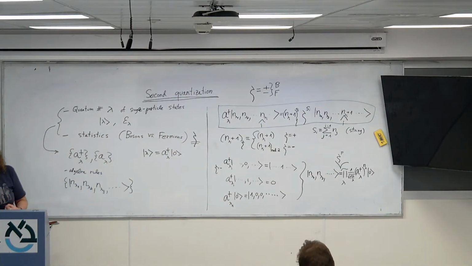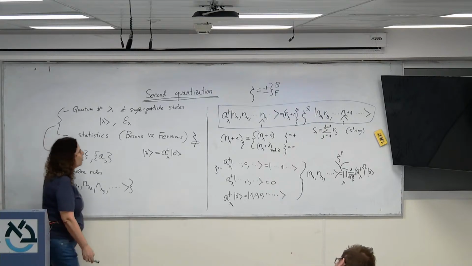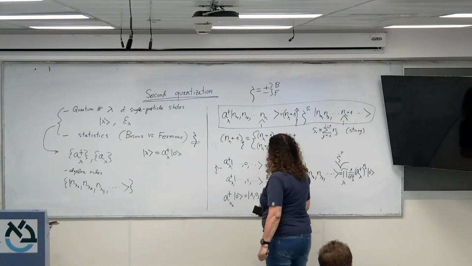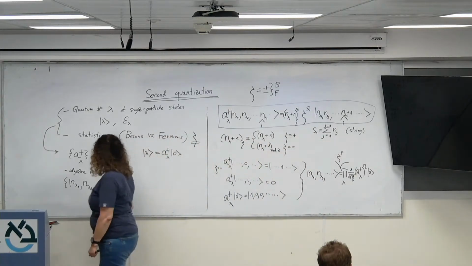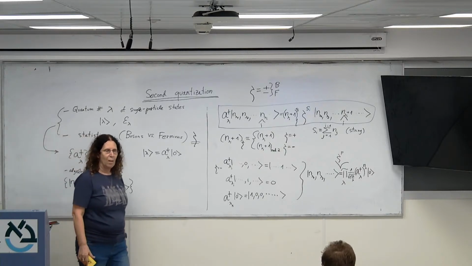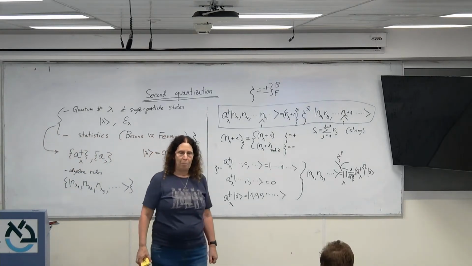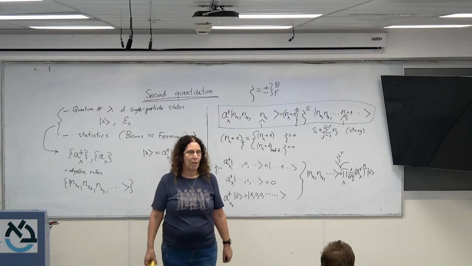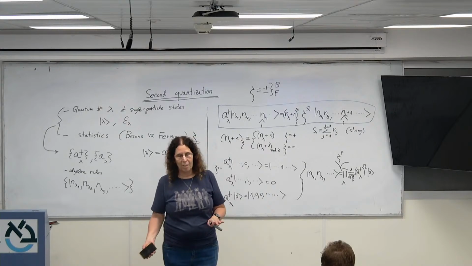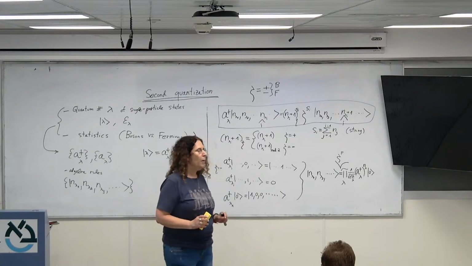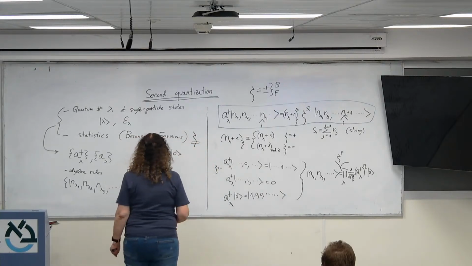So what we are missing here to complete the picture and start doing calculations is to derive some set of algebra rules that tells us what happens if we apply two creation operators or more, and keeping track of whether the particles are bosons or fermions. It will not be the same. Okay?